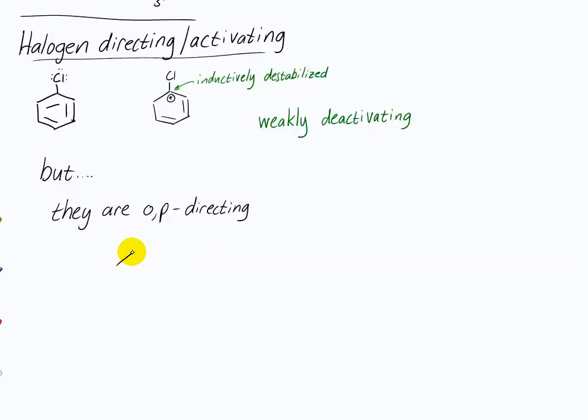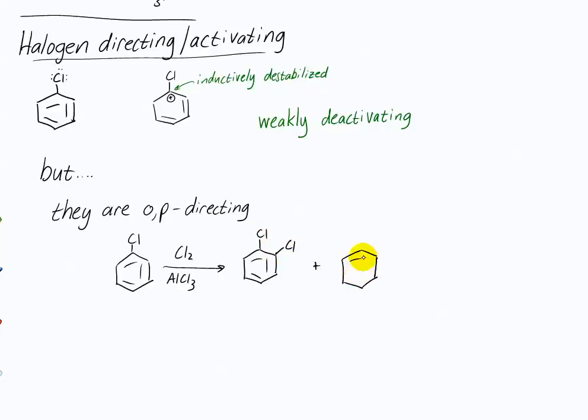So if you further halogenate something like chlorobenzene, you tend to get the ortho and para products. That's kind of the strange middle ground there.